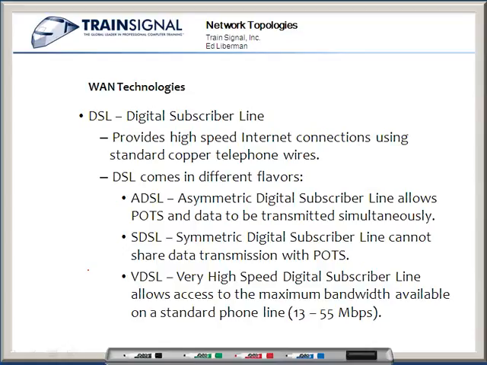And I'll tell you, VDSL is somewhat new, not necessarily heavily used yet, not very well known, but basically it's a technology that allows access to the maximum bandwidth available on your standard copper phone lines, which would be anywhere from 13 to 55 megabits per second, which is quite fast relative to your typical ADSL, which is going to be closer to somewhere between 1 and 3 megabits per second.